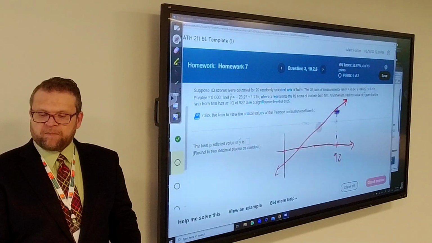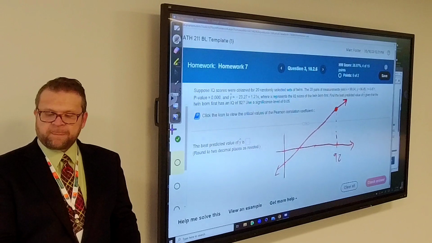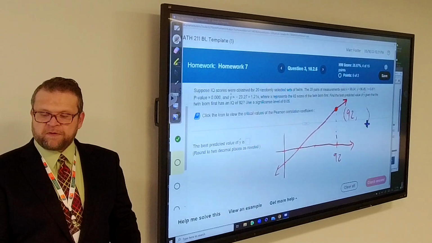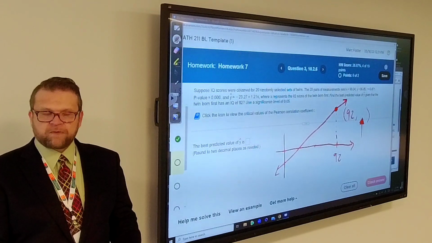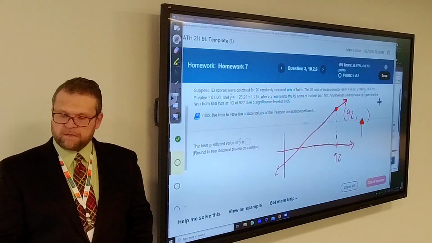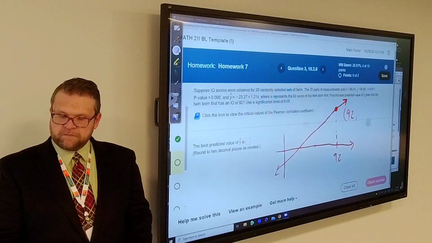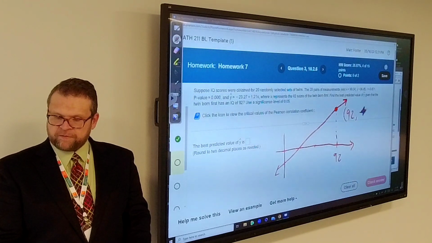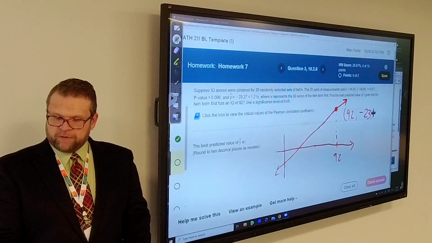Right there is 92, and I'll plug it into my equation and be able to look at the prediction for the IQ score of the older twin. That is, minus 23.27 plus 1.21 times 92.